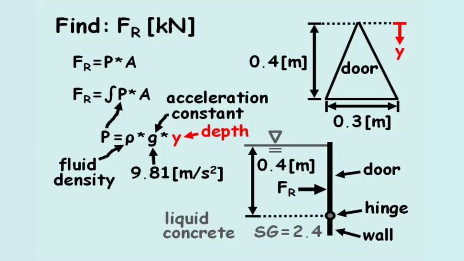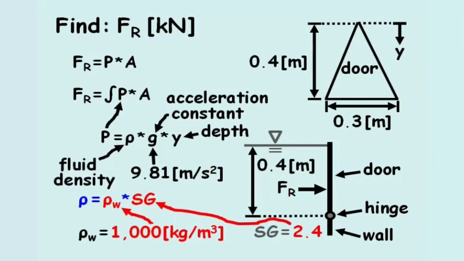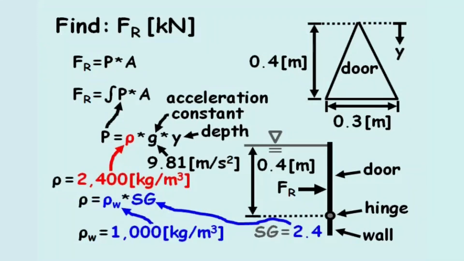The fluid density, rho, can be calculated by multiplying the density of water, rho W, by the specific gravity of the fluid. Using 1,000 kilograms per meter cubed for rho W and 2.4 for the specific gravity, the density equals 2,400 kilograms per meter cubed.